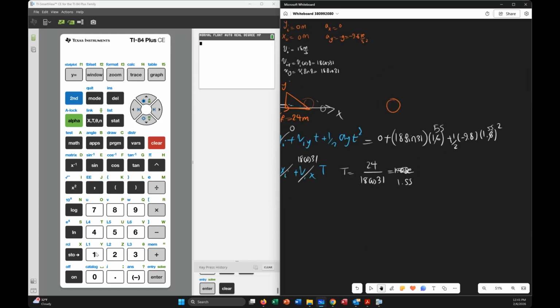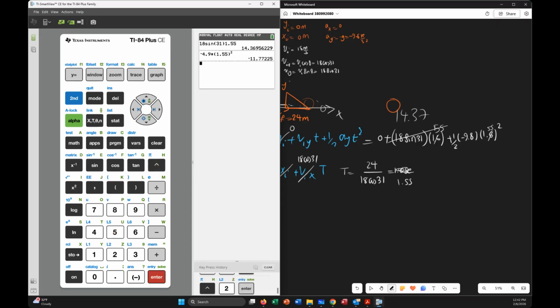So 18 sine of 31 multiplied by 1.55. This part is going to be 14.37. How about the other part? Negative 4.9 times 1.55 to the power of 2, yes?